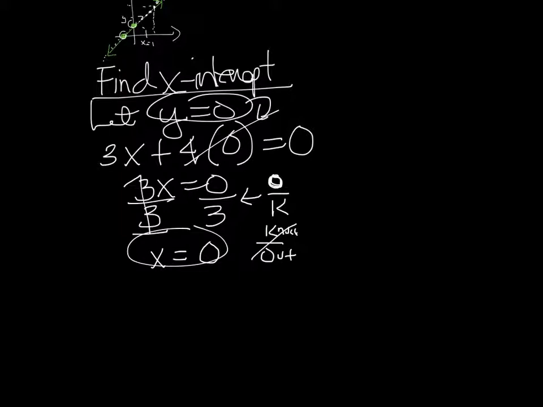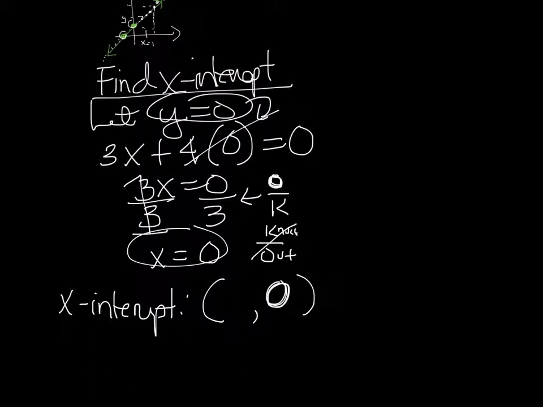Okay, so I found my x-intercept. So I input y to be 0, and what was my output? It was also 0. So when this happens, this is technically the origin. The x-intercept and the y-intercept are exactly the same.